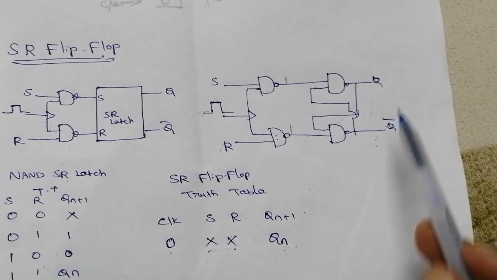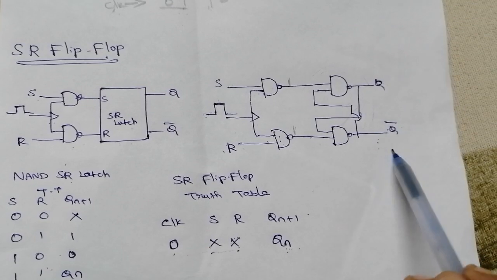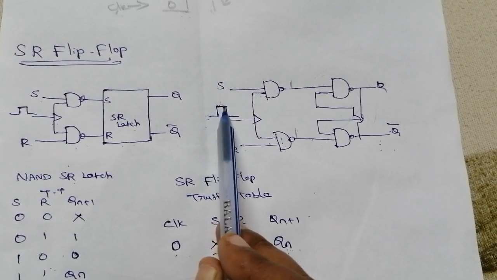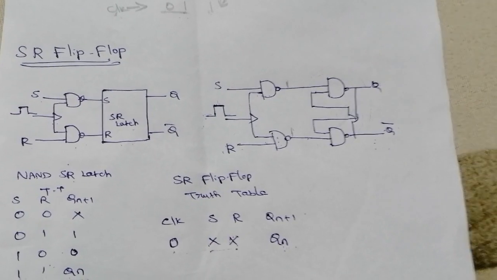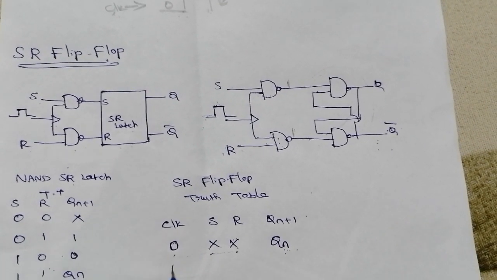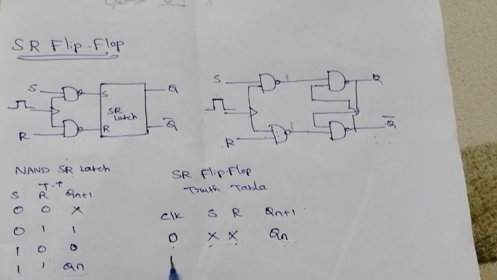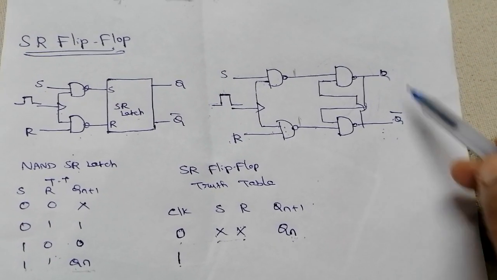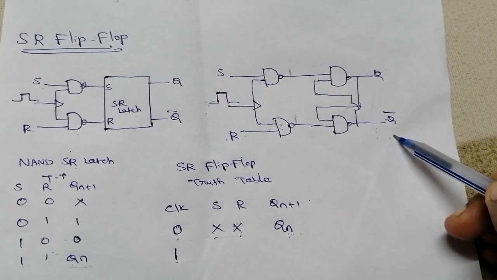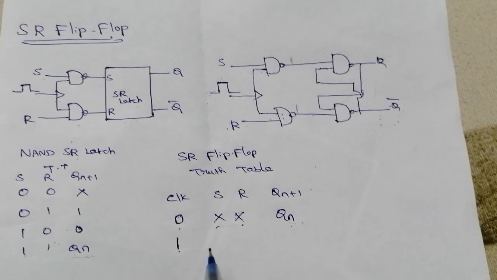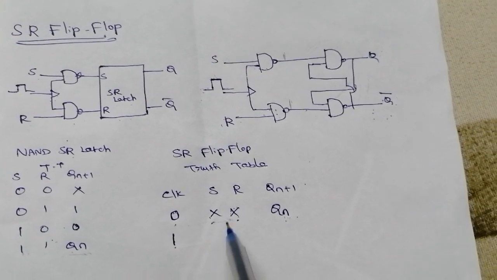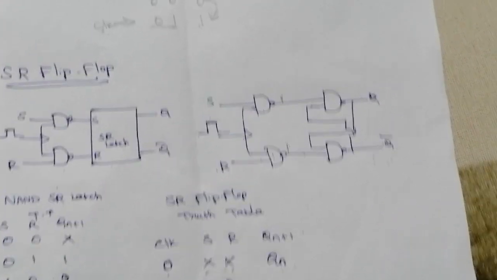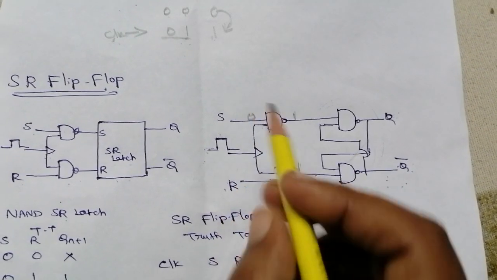If we want to change the output from the previous state, we must apply positive level triggering, which is nothing but clock signal 1, right? So whenever the clock signal is 1, only then does an output change occur. Let's see the possibilities of SR. The first possibility is 0 0. Let's consider S equal to 0 and R also 0.